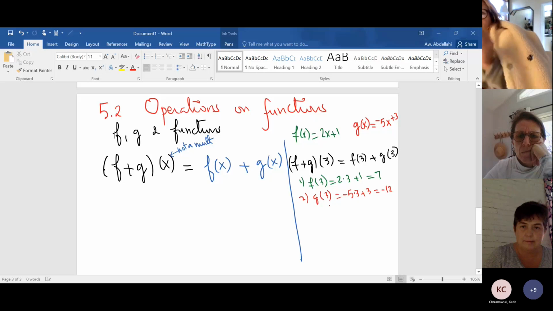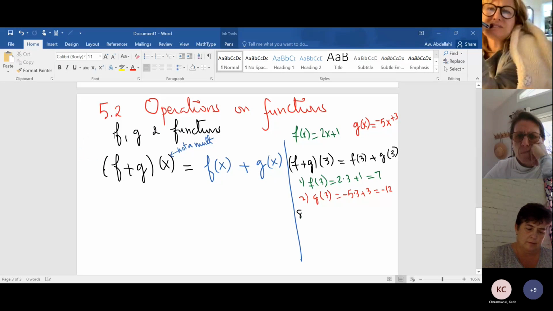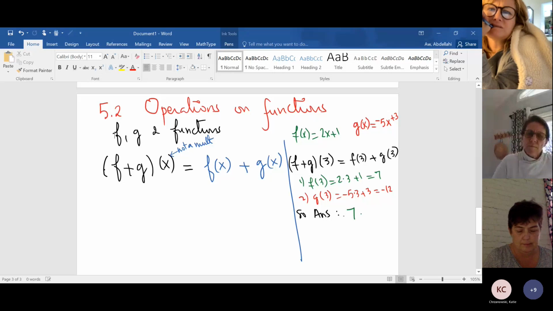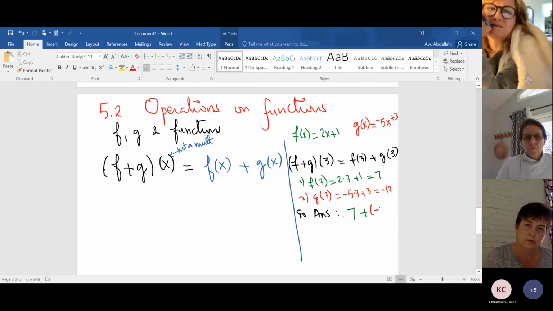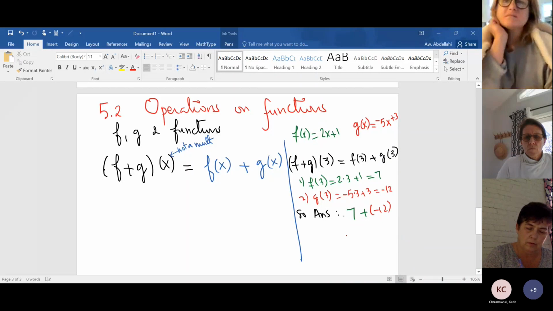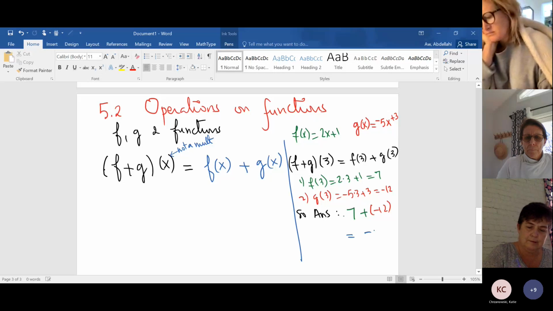My answer is going to be 7 plus negative 12, which is equal to negative 5.